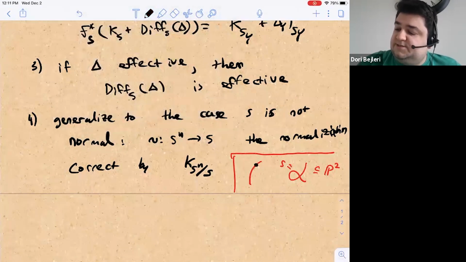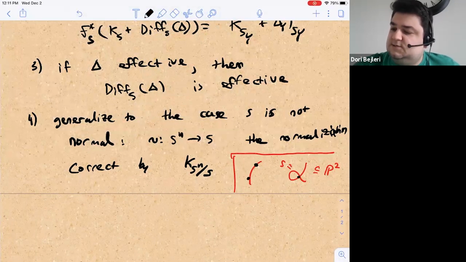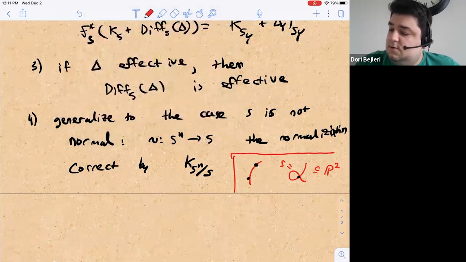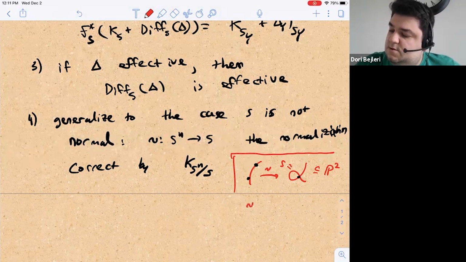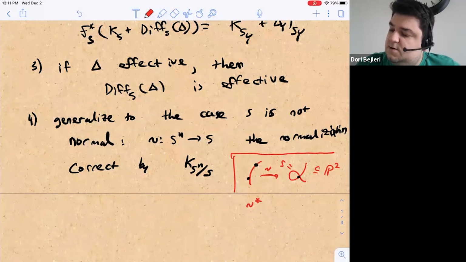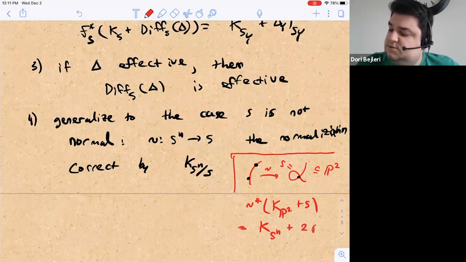And what are those 2 points? They're exactly the preimages of the node. And so in this case, calling the normalization map ν, ν^*(K_{P^2} + S) is K of the normalization plus those 2 points.